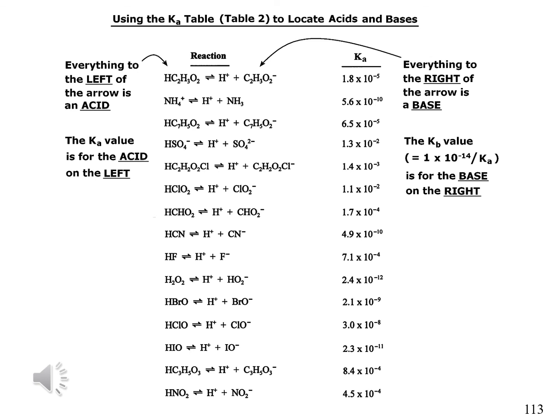That everything on the left of the arrows in the Ka table is an acid. Everything on the right is the weak base. The Ka value in the table is for the acid on the left. In order to get the Kb for the negative ion or ammonia on the right, you have to take 1 times 10 to the minus 14 divided by the Ka.